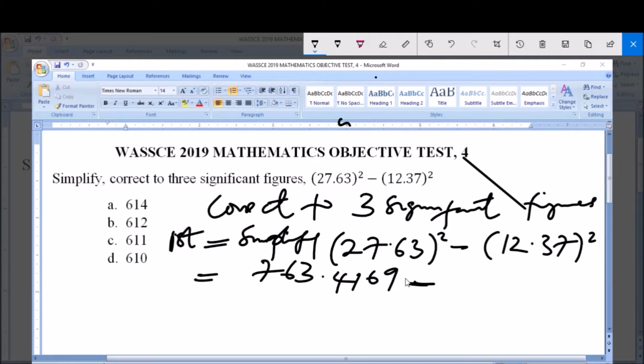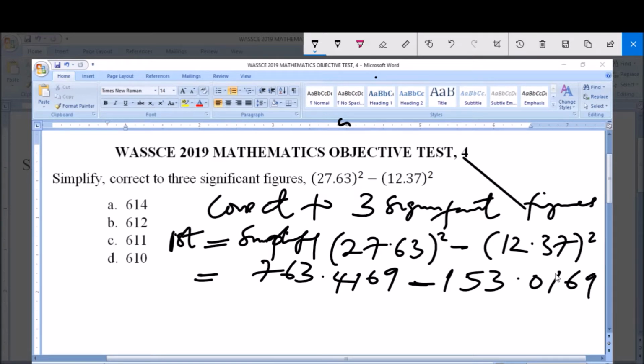Now 12.37 squared is the same thing as 12.37 multiplied by 12.37, which is 153.0169.